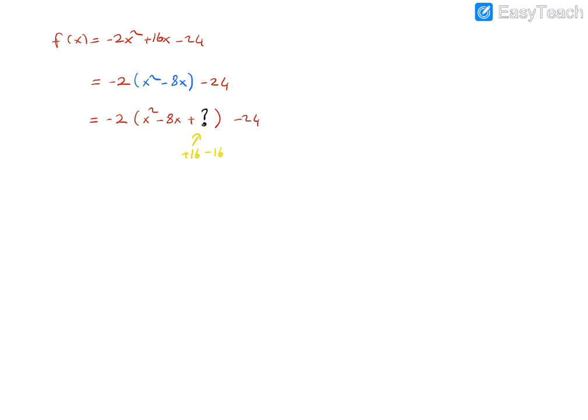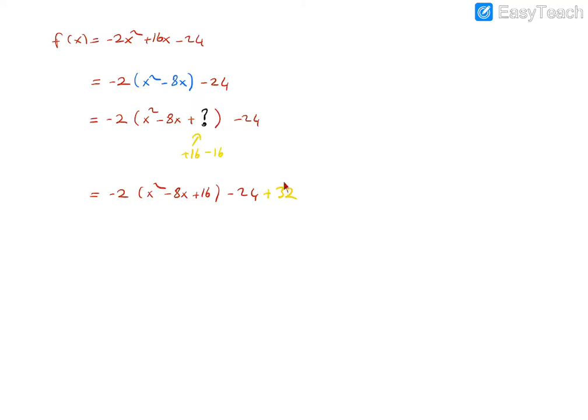So let's rewrite: minus 2 times x squared minus 8x plus 16. Because of this minus 16, if you multiply by minus 2, we have 32. So we should add the 32: minus 24 plus 32.